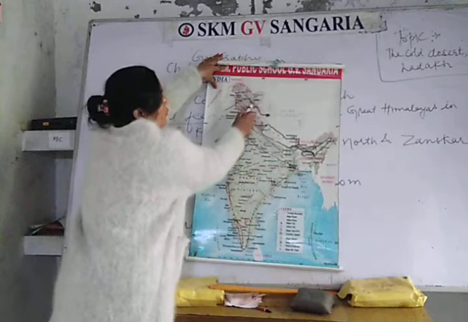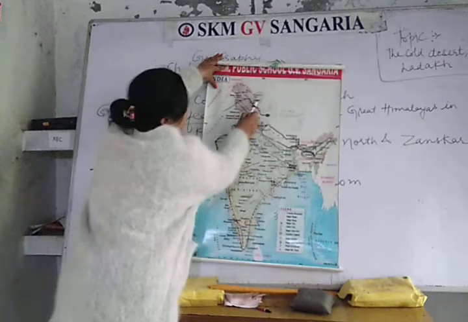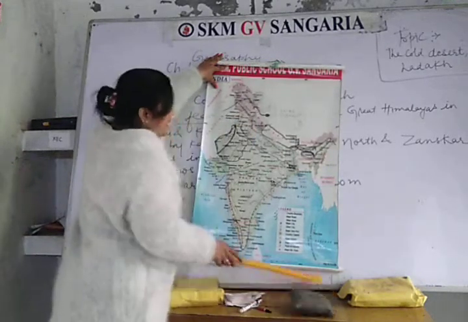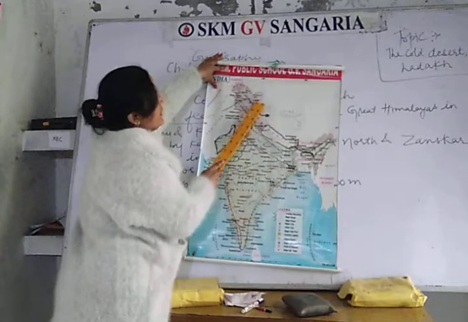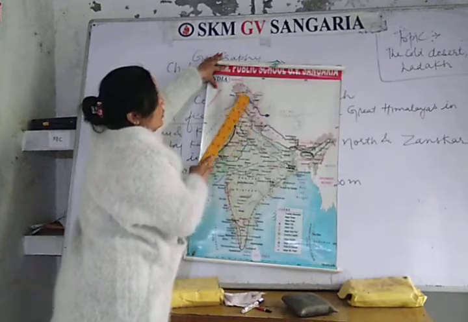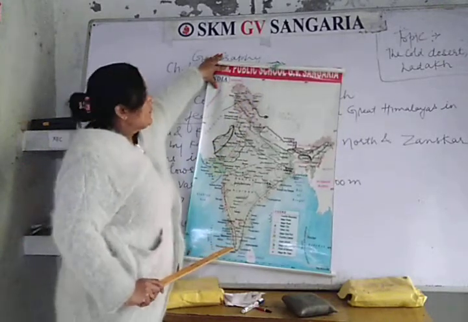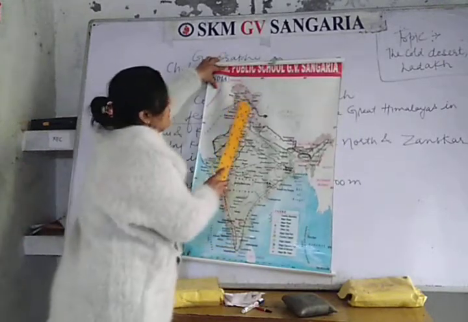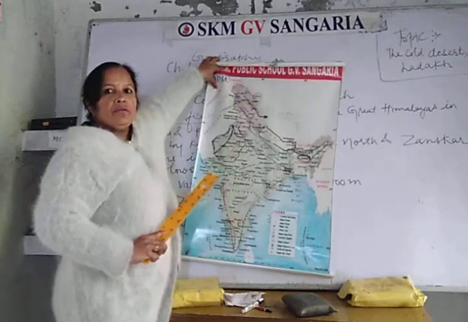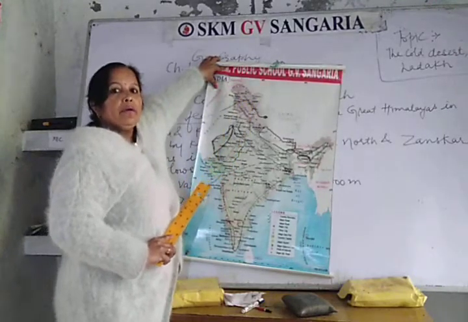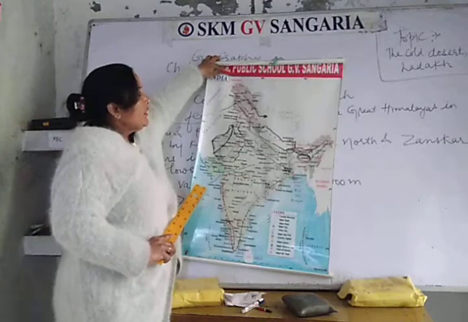On the top, what is this? This is Ladakh, in Jammu and Kashmir. So this Ladakh is called what? The cold desert.